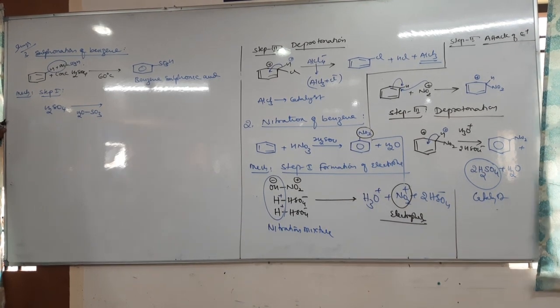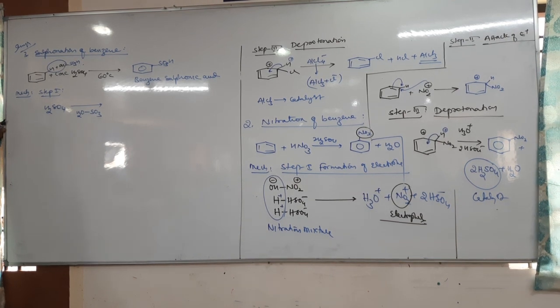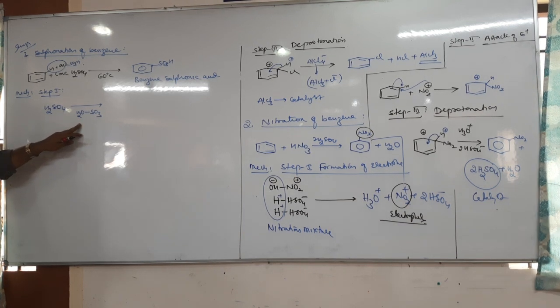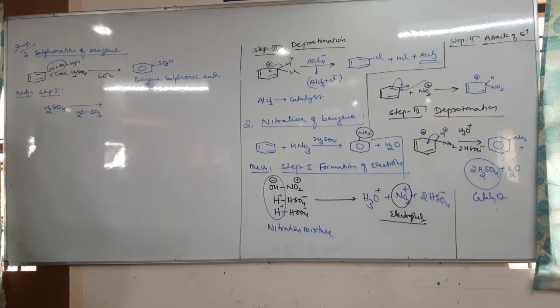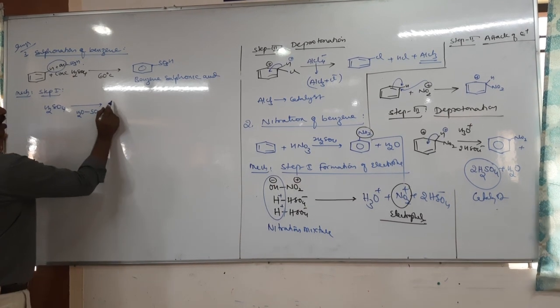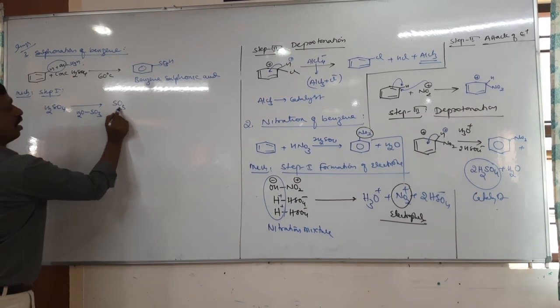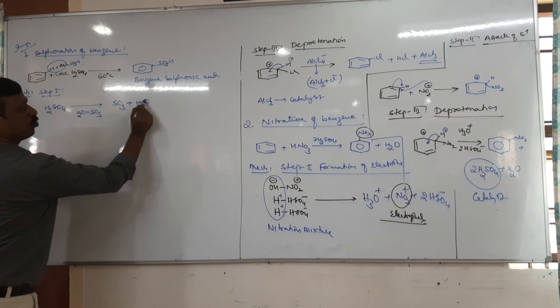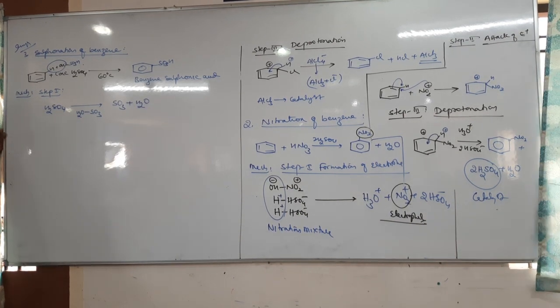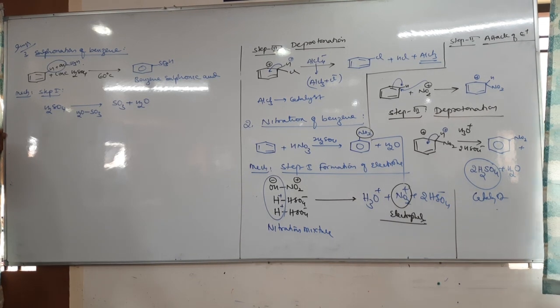H2O is negative, SO3 is positive. Both are neutral. Water is neutral, no? SO3 plus H2O, both are neutral species, right? So which is the electrophile now?